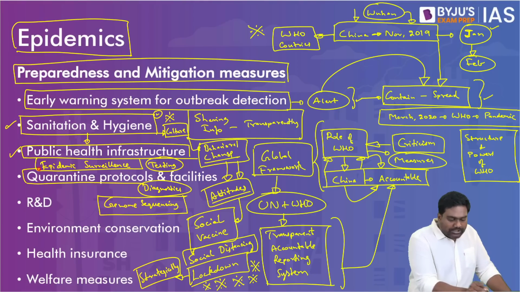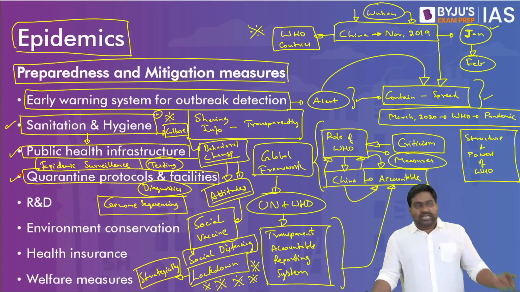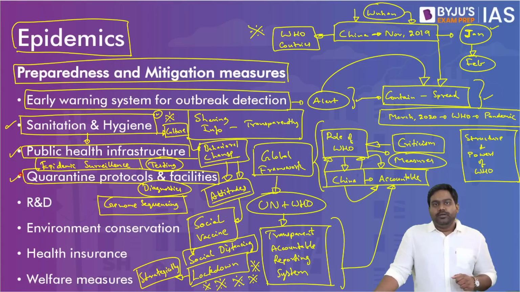Next, the importance of implementing quarantine protocols and facilities, screening passengers at airports. Because in case of an epidemic or pandemic, usually the pathogen comes from other countries. So you have to seal your ports of entry. Seaports and airports and land ports have to be sealed. And you have to check every person who's entering the country. Put them through a basic health checkup.